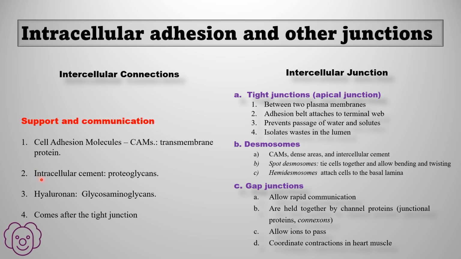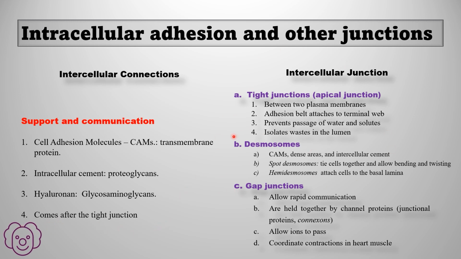Here is the intercellular cement, so this is between the cells, and it is a proteoglycan. The chemical nature of it is a proteoglycan, made of protein and carbohydrates. And here is hyaluronan, a glycosaminoglycan, and they always come after the tight junctions in order. When we take them in order from up down, they always come after the tight junction.